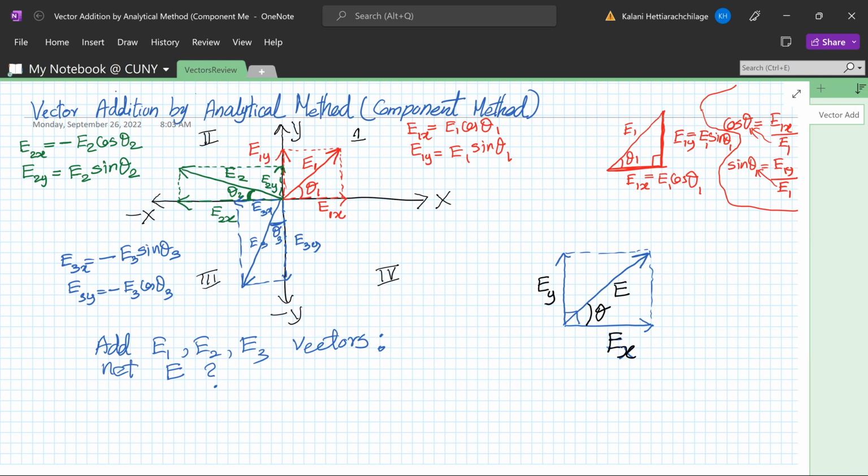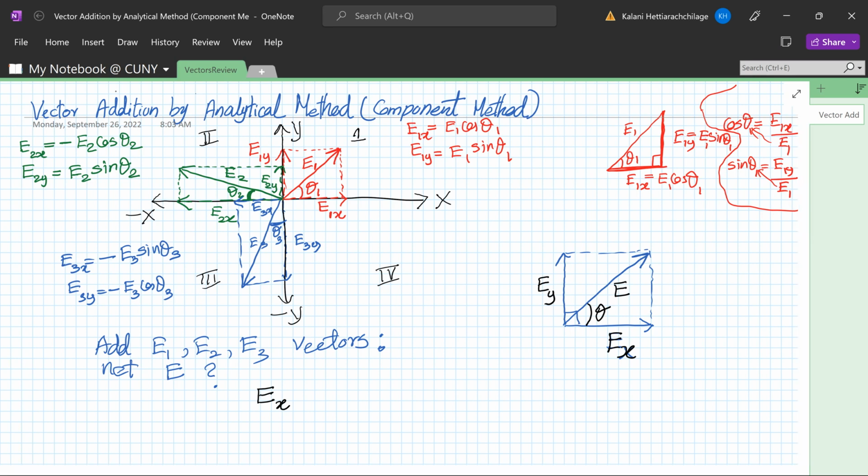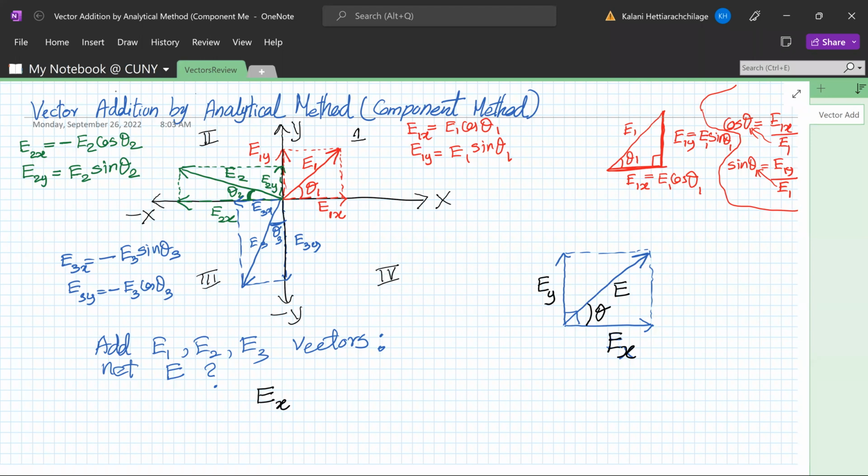Okay, so now we have E, right? So before finding E, I need to do this the backward way. That means I need the X projection and Y projection first, and then I will be able to calculate E. So EX is the resultant vector X component.